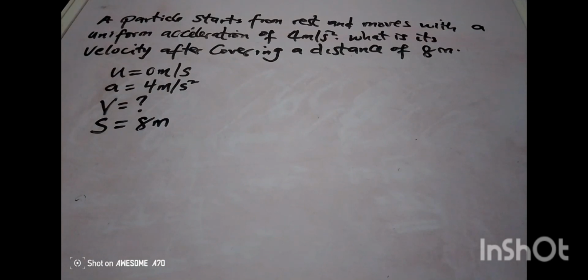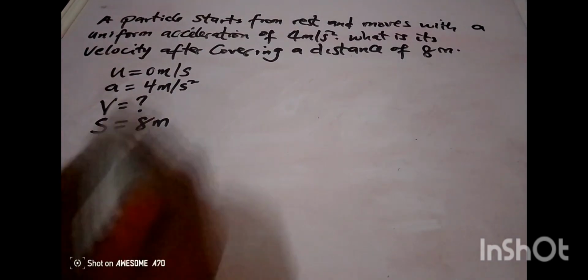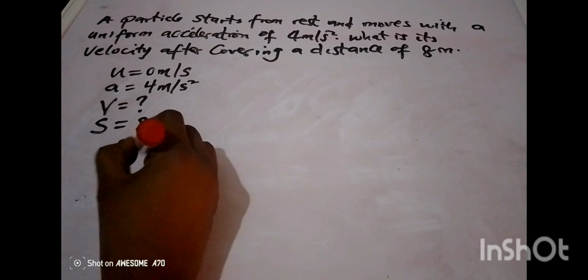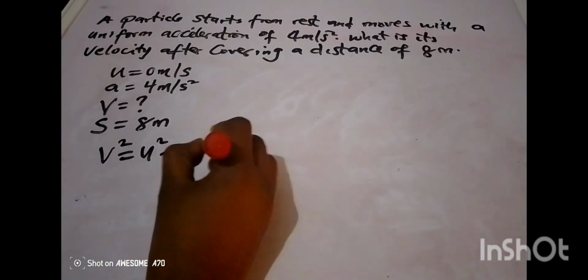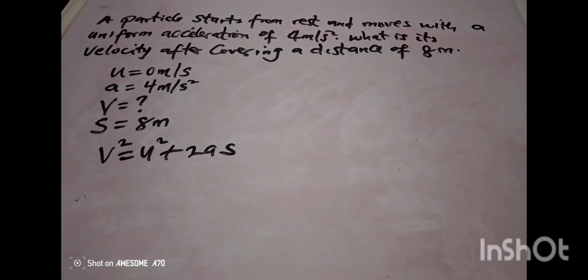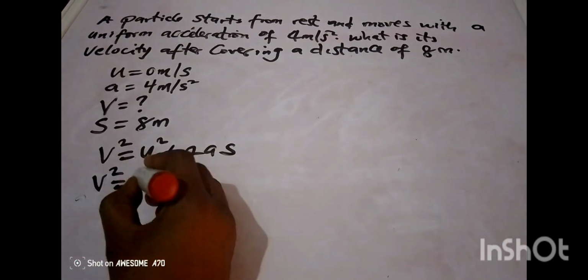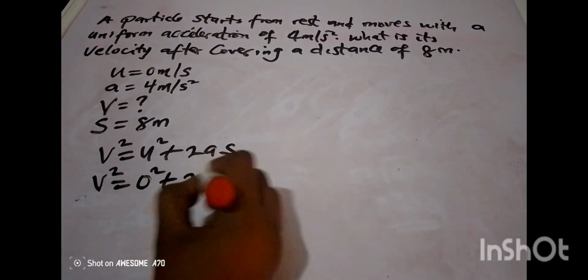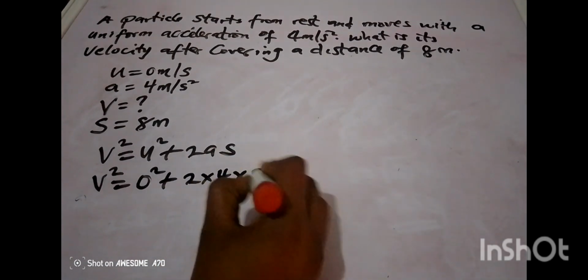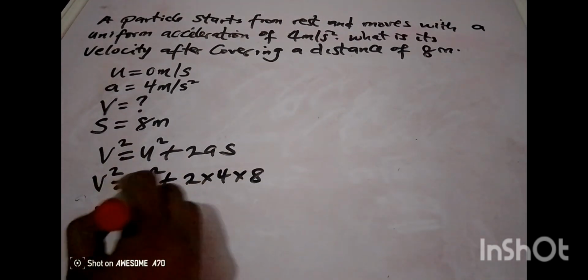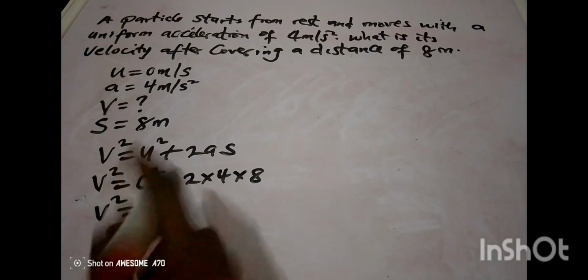All our parameters are in SI units. So let's quickly look for the equation of motion that fits this. The equation of motion that fits this is v squared equals u squared plus 2as. So let's quickly look for our result now. So v squared, since u is 0, is 0 squared plus 2 times 4 times 8. 0 squared is 0.